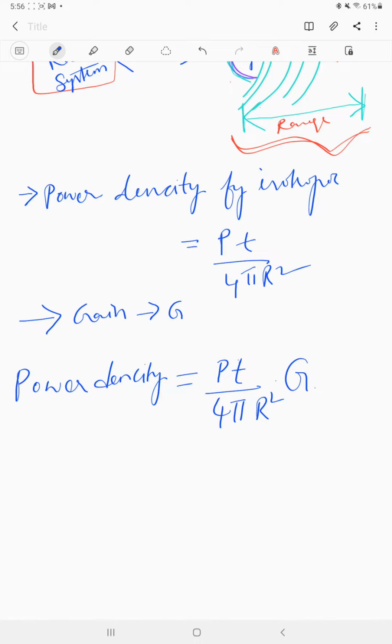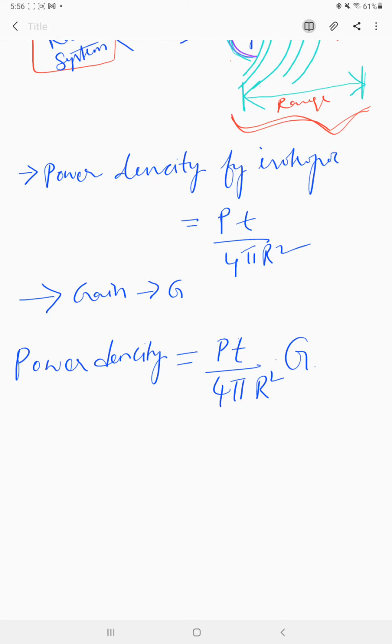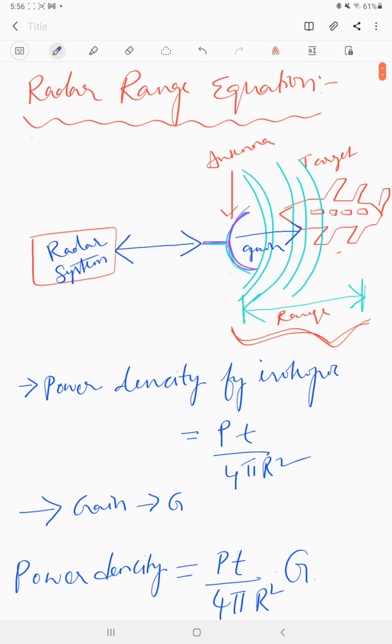Now the signal is traveling towards the target.